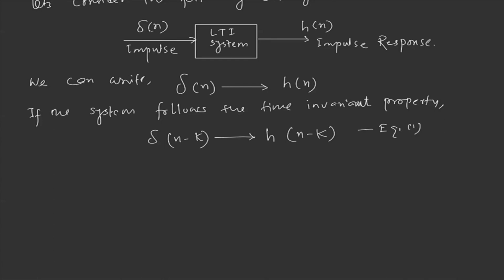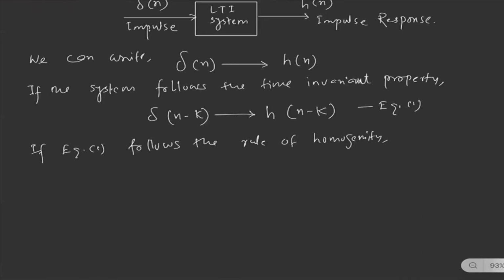If equation 1 follows the rule of homogeneity, we can write x k del n minus k gives x k h n minus k.